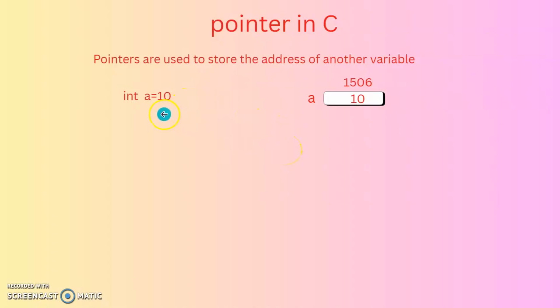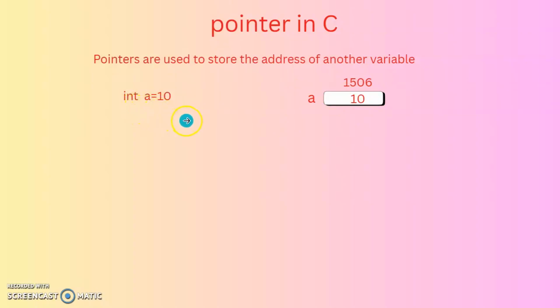So whenever you declare a variable of any data type, it may be float or integer or character, the value will be stored in the memory. That means memory space is reserved for the particular data type. That is, the size of the memory space reserved for the variable is based on the data type.